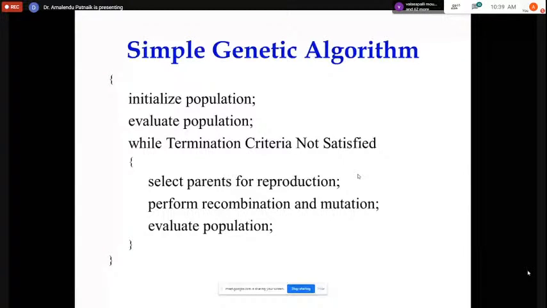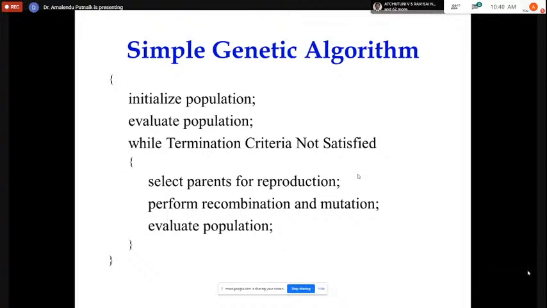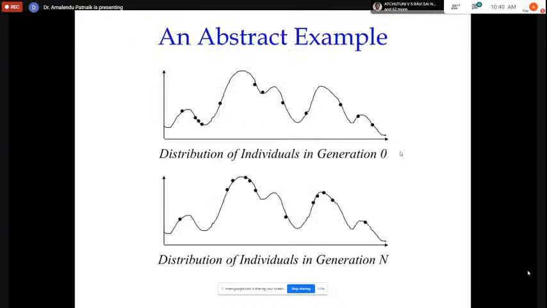Although most of the time it is possible to get the solution with these meta-heuristics, rarely you are going to face this type of problem also, right? If you see this example, this one is a local maxima, whereas this is a global maxima.